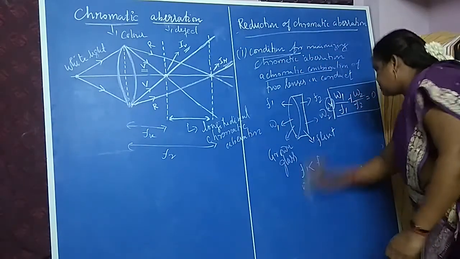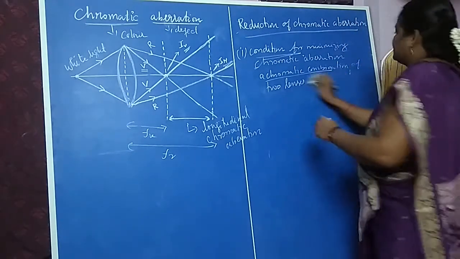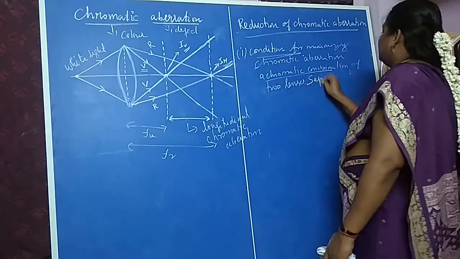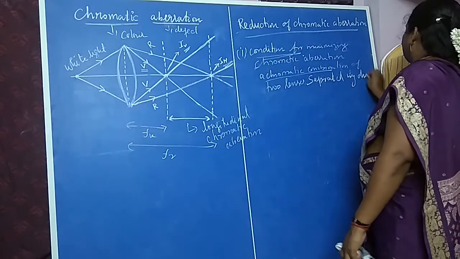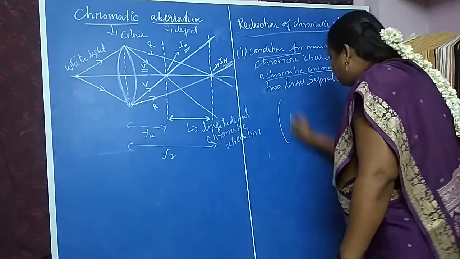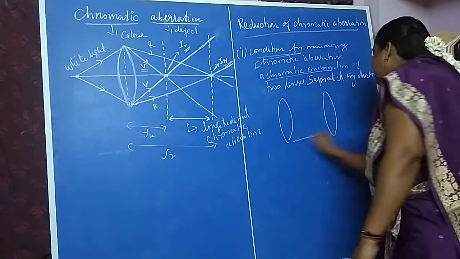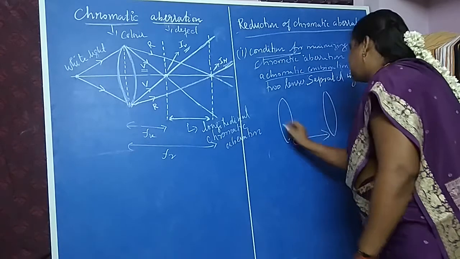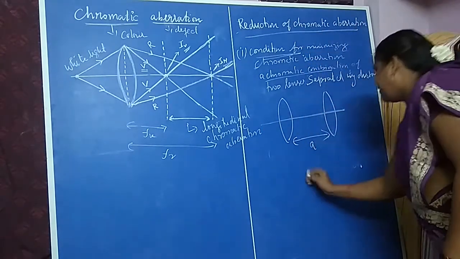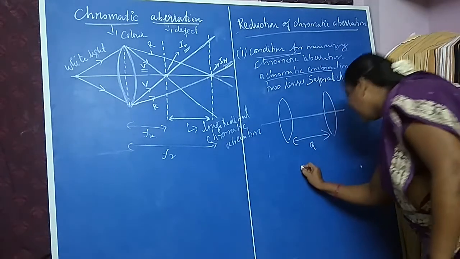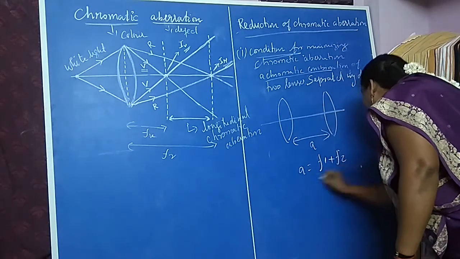The next one is two lenses separated by a distance. Here we are using two biconvex lenses to reduce the chromatic aberration, which are separated by a small distance a. The condition for reducing the chromatic aberration is that the distance between these two lenses should be a equal to f1 plus f2 by 2.